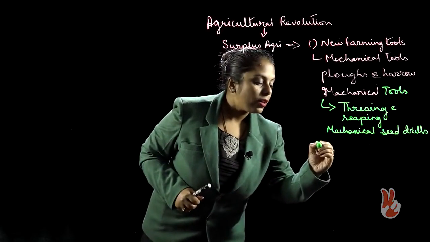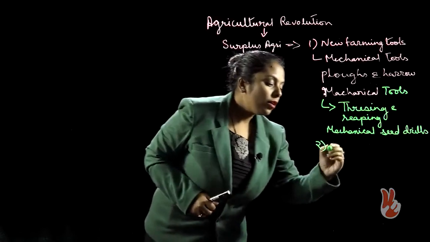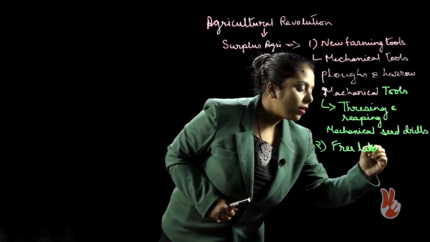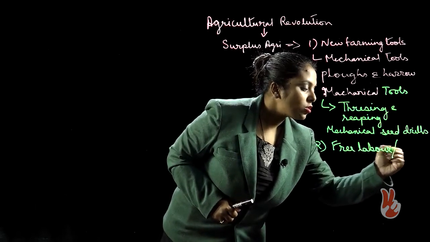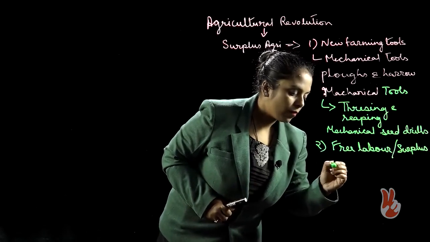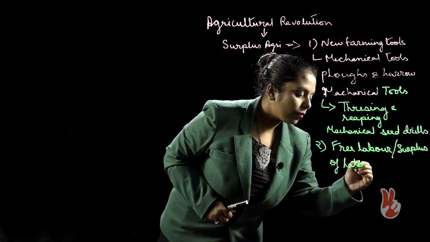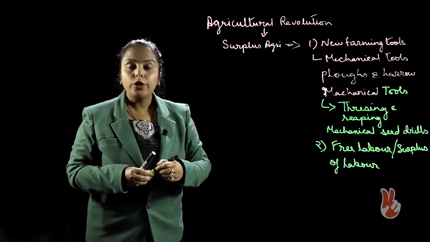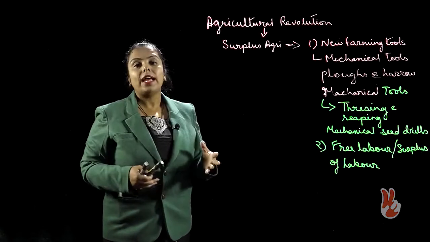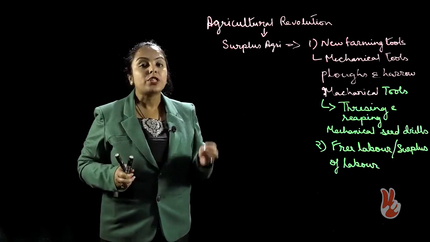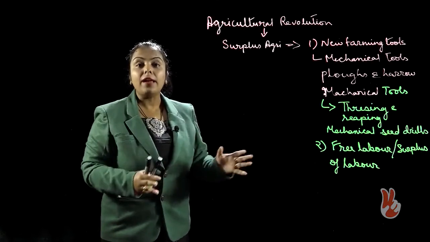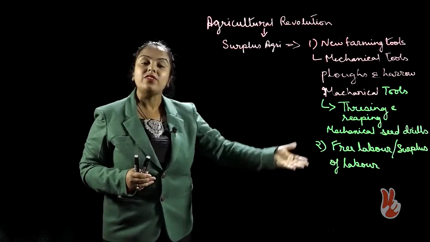The next important aspect was free labor, or surplus of labor. As I told you, with the use of machines, agricultural activities could now be accomplished in lesser time. This gave farmers enough time to engage in secondary activity.